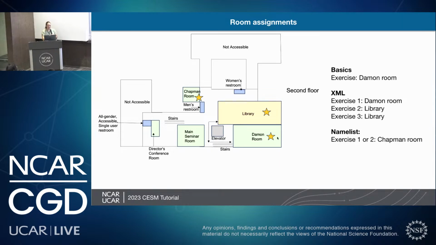The inner room is on this side. The outer room is that area with the couches, since I realize that might not be clear to everyone. If you're on XML exercises 2 or 3, please go to the library. And if you've finished the XML exercises and are on to namelist or another exercise, go to the Chapman room, which is just past the library. If you need help getting there, let me know.